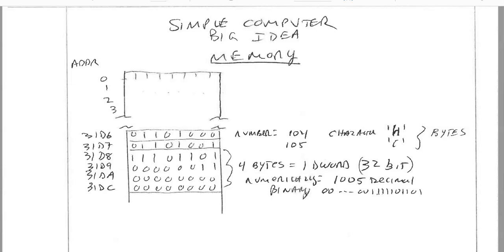So I'm showing here memory as a linear ordering of bytes that goes down the page. Each byte has an address starting at 0. And conventionally, those addresses 0, 1, 2, 3, and so on are spoken of and written down in hex. They're just numbers, but programmers like to use hexadecimal addresses.